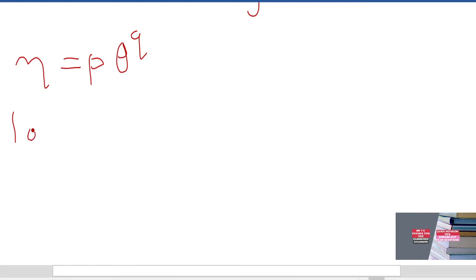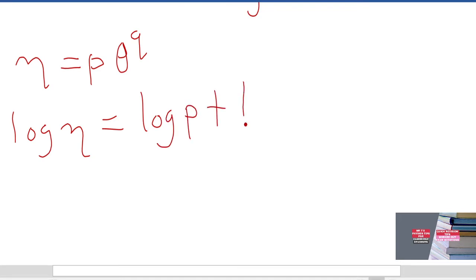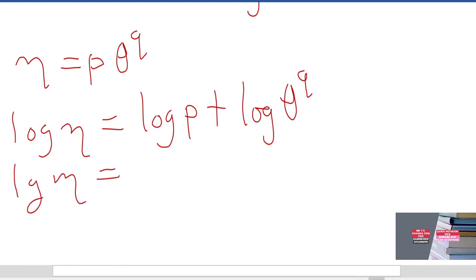So log of viscosity should equal log of P plus log of theta to the power of Q. You should be able to identify that. So log of viscosity is equal to log P plus Q log theta.